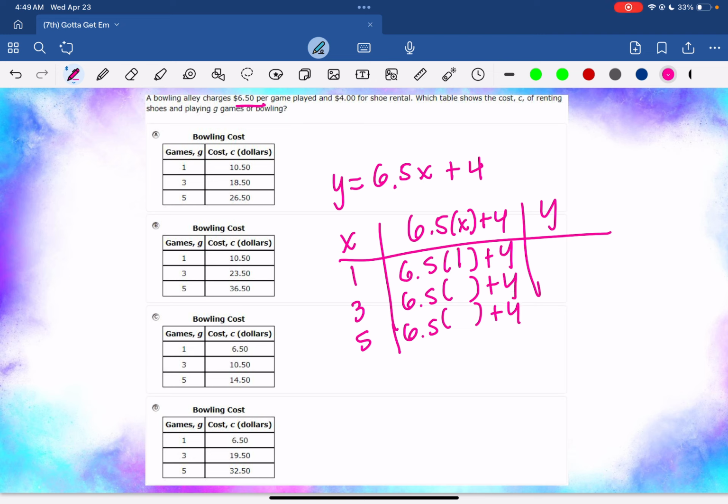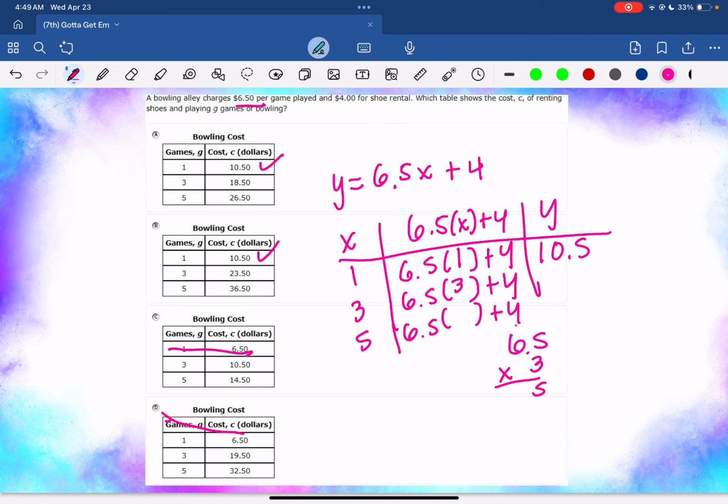Six and a half times 1 is 6.5. You're going to add 4 to that, and that gives you 10.5. So look, that's 10.5, that's 10.5. So we can cancel out C and D, but we still got a 50-50 shot. So we got to keep going. So I'm going to multiply 6.5 times 3.